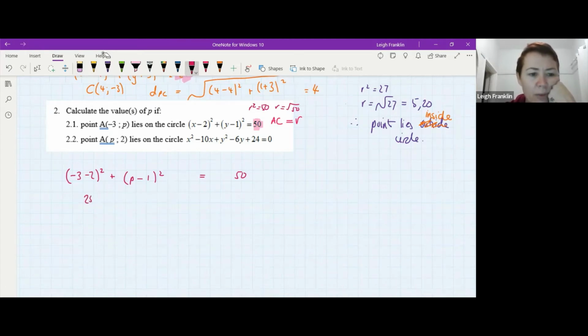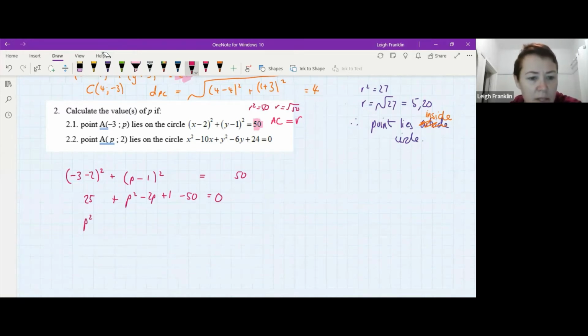So this will leave me with 25. When I square my trinomial, one of the biggest mistakes that learners make here is that you forget about the middle term. So the middle term: p squared minus 2p plus 1 minus 50 equals 0. Let's get it into standard form.